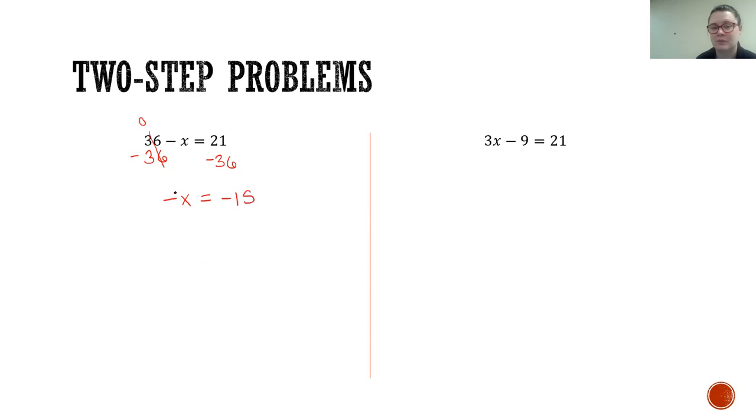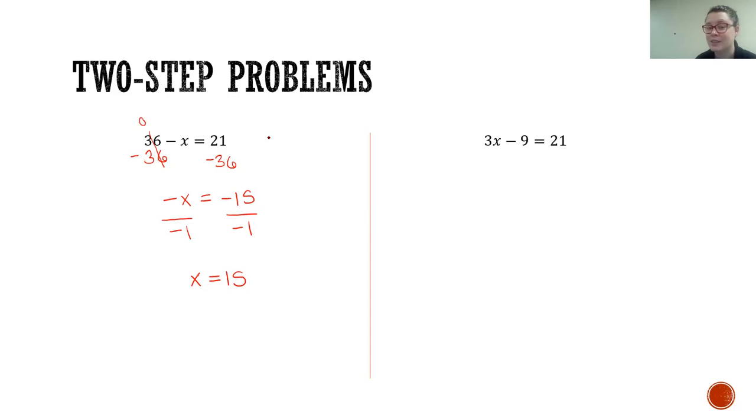Okay? Now you'll notice we have a negative sign here and a negative sign there. In order to get rid of our negative signs, we need to divide by something that's going to change the sign. So what we do is we divide by negative 1. Dividing both sides by negative 1 gives me x equals 15.